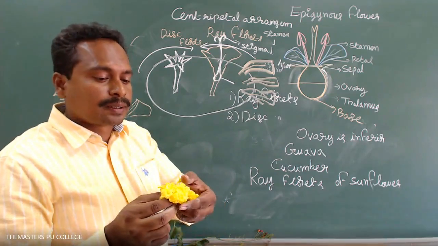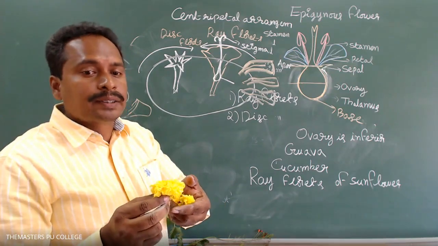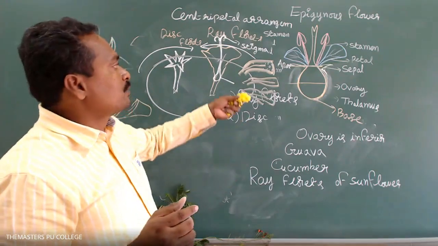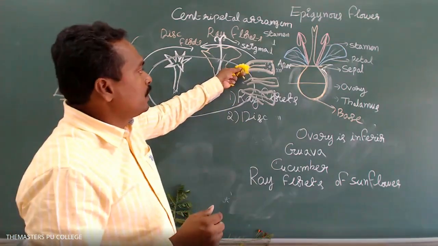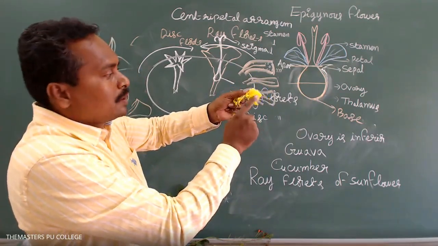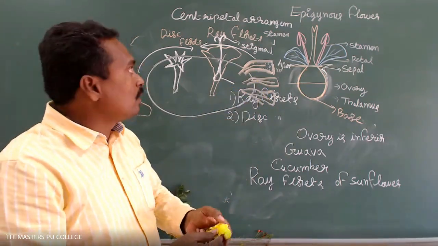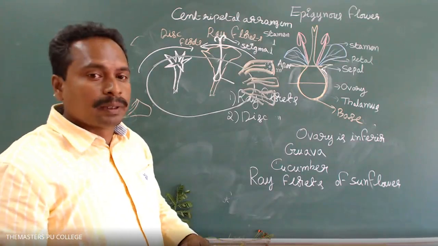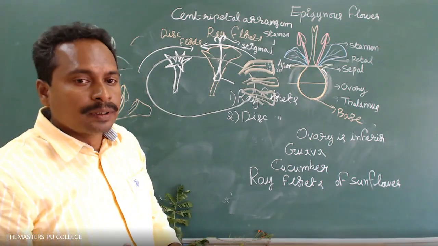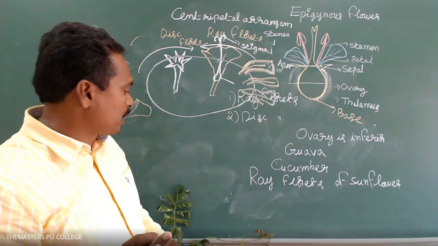The flowers are highly reduced head inflorescence, with first formed flowers towards the periphery and younger ones towards the center. So this arrangement is called centripetal arrangement. It's not there in the syllabus, no need to remember. Okay, now is it clear?